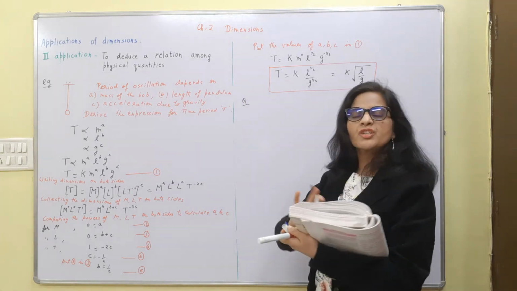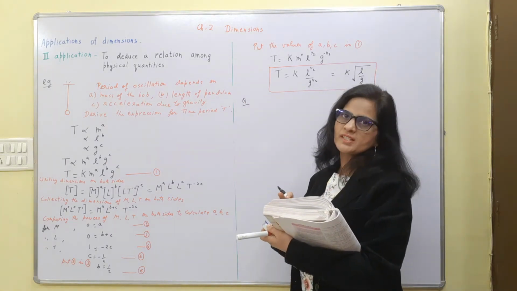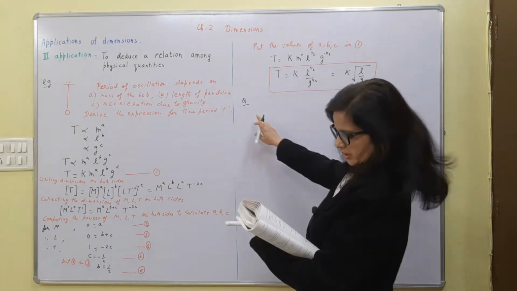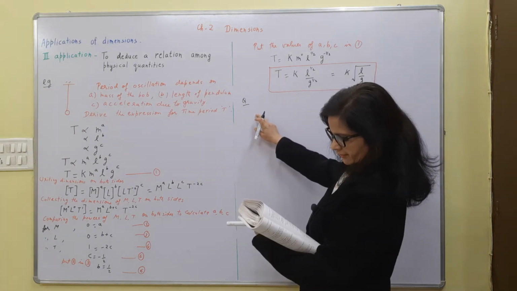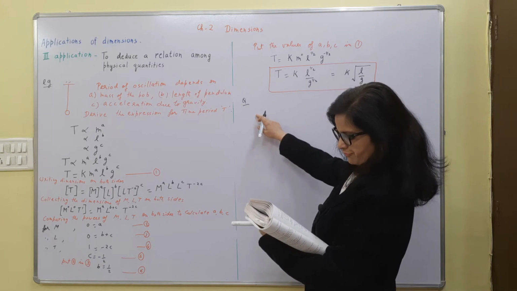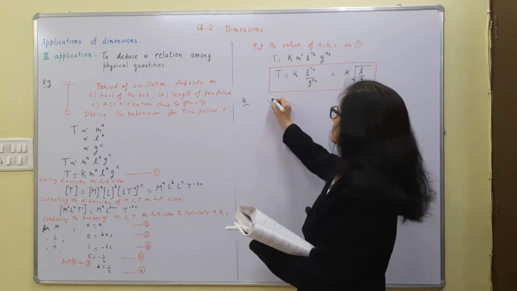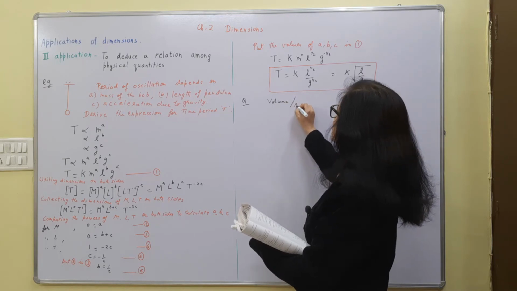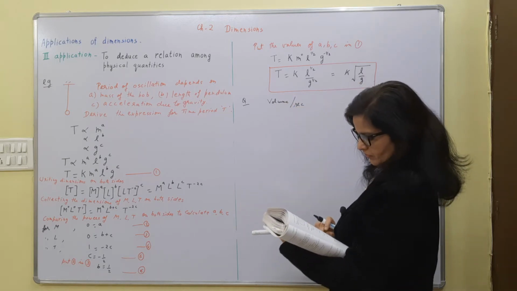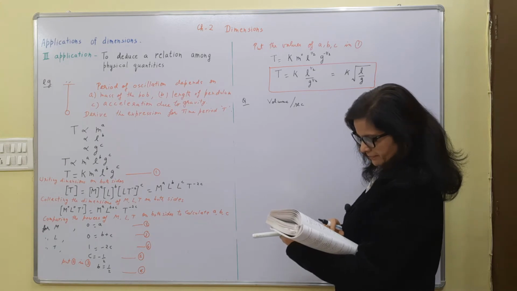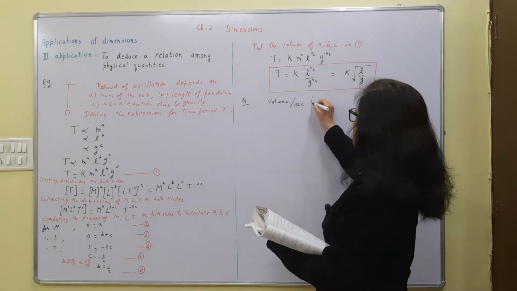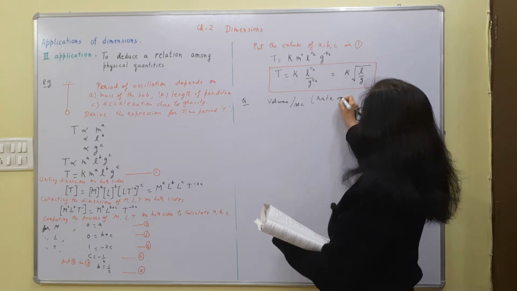Here in such questions, each and every word of the question is important because that gives us the correct dimension. So here what is given? We have to derive the formula of an expression for the volume of a liquid per second, through a narrow pipe. Assume that the rate of flow of liquid, this is what? This is the rate of flow of liquid now.